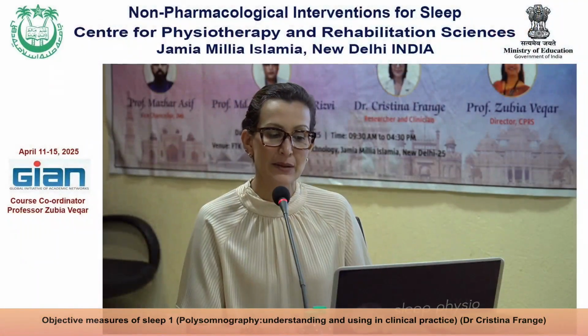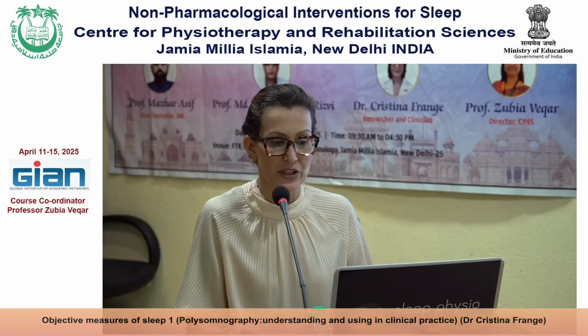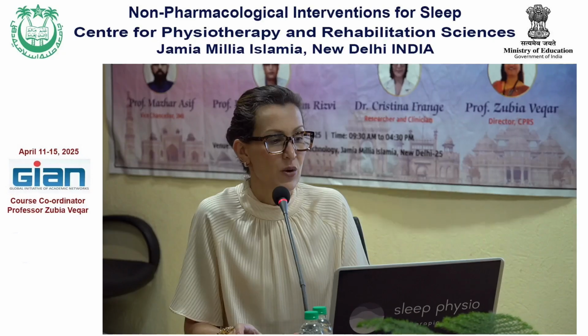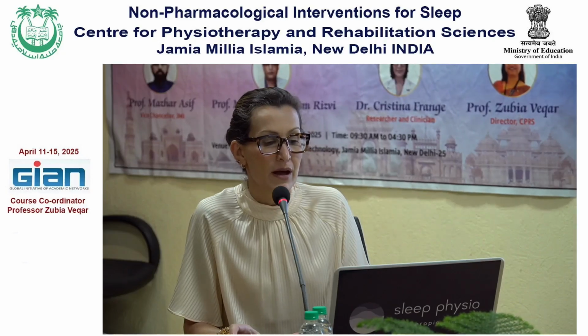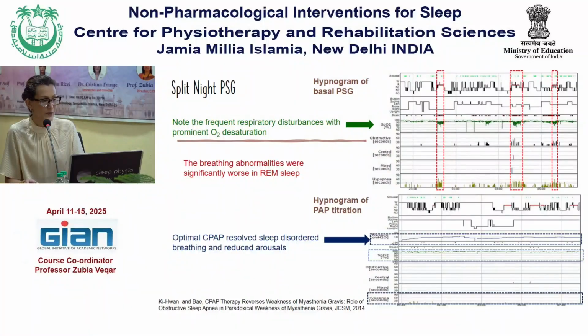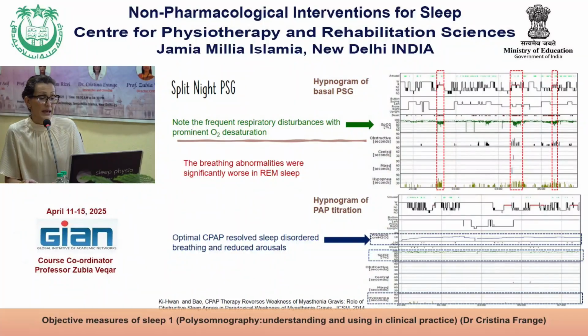Here I also have, in a very short picture, a baseline PSG of a patient. You can see some desaturations here, the area under the curve that I told you about. We also see that the breathing abnormalities happen during the REM sleep stage.